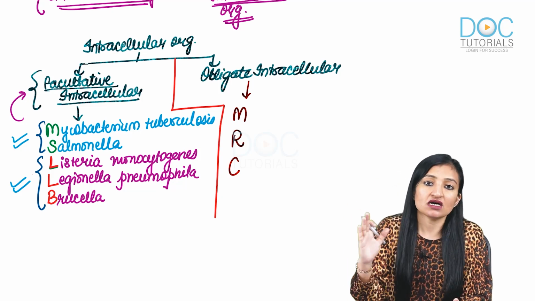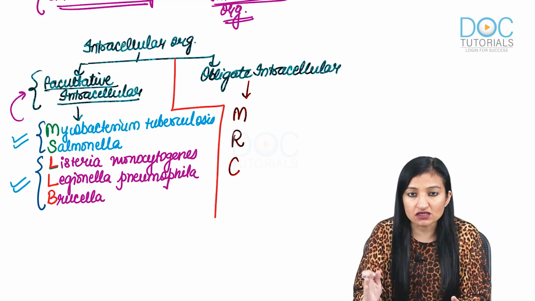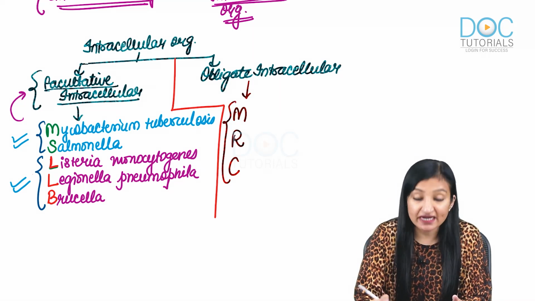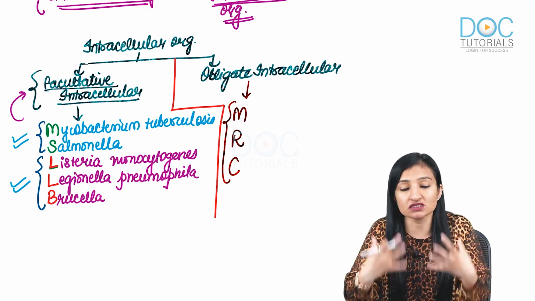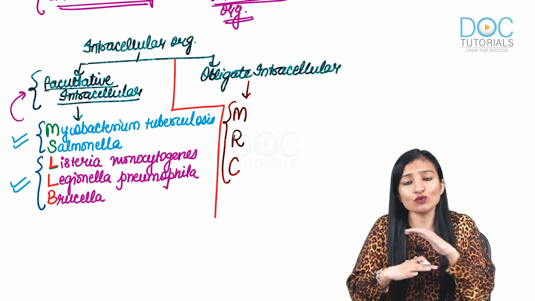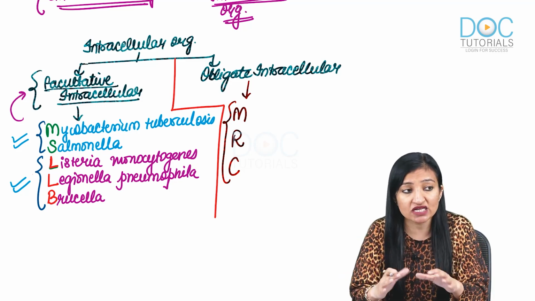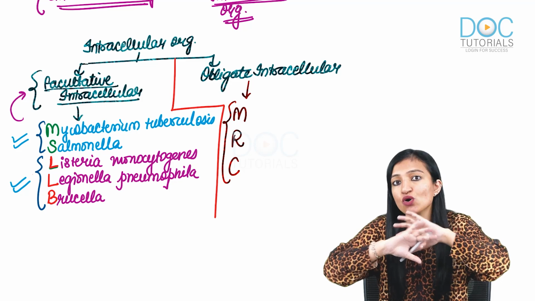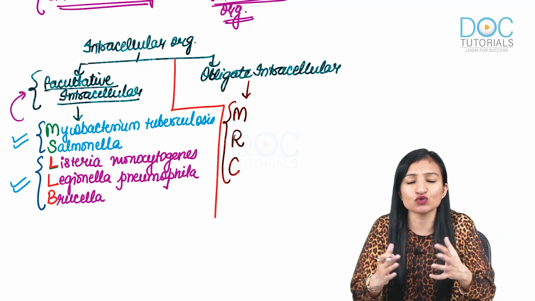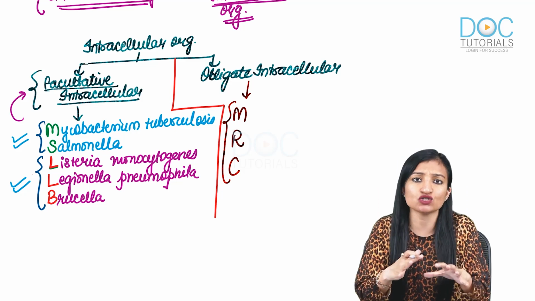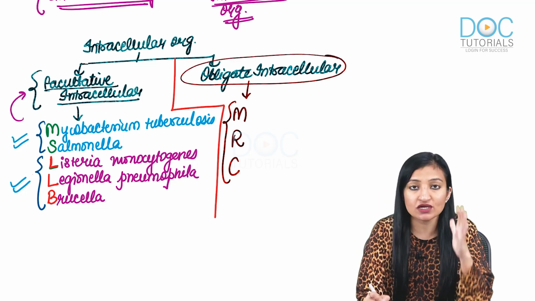Now, imagine there is a very dedicated student who is doing some kind of research, and he is a member of the Medical Research Council. He puts his heart and soul into research, so much so that 24/7 he likes to stay in his or her research lab only, does not like to go out at all. So it is an obligation for that student to stay inside the lab to pursue his or her research work. So remember obligate intracellular in that context.